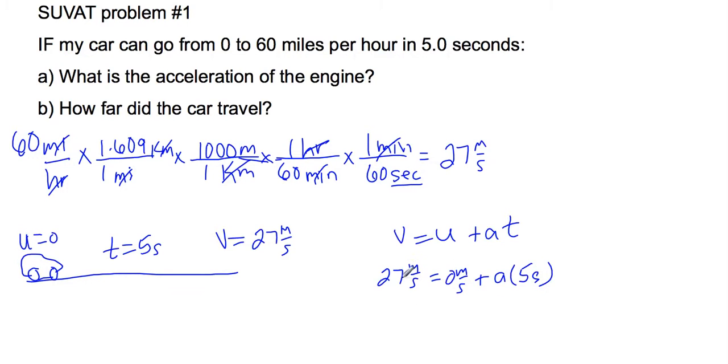And when I divide 27 divided by 5, obviously this goes away here. a times 5 divided by 5, a will equal 5.4 meters per second squared.